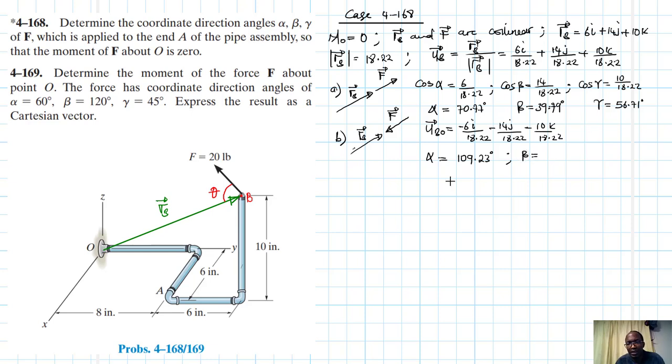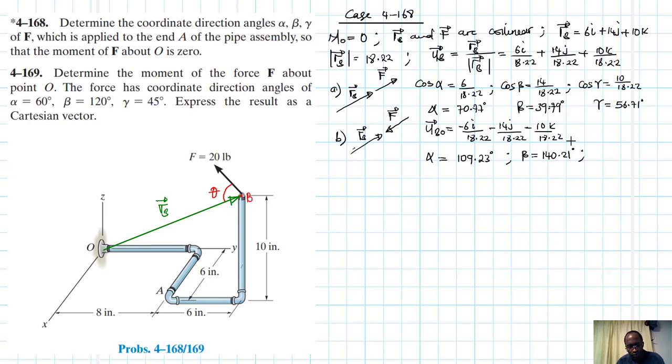We do the same for beta also. You are just subtracting 180 minus 39.79, which is also cos inverse of minus 14 divided by 18.22. And the same applies for negative 10 divided by 18.22.